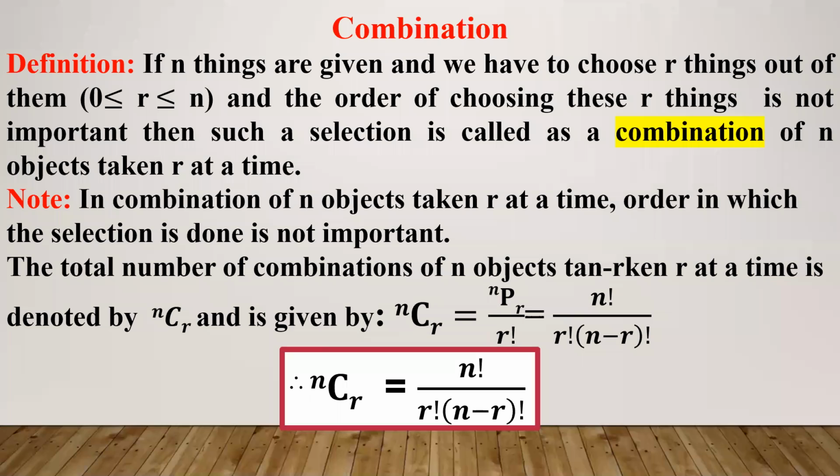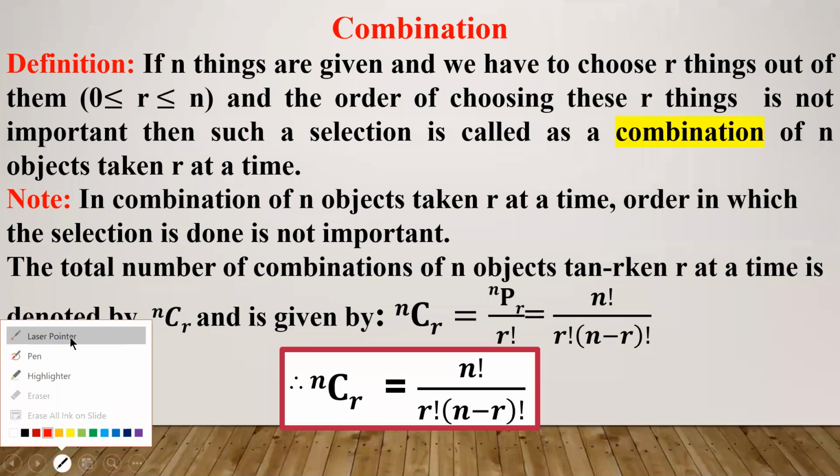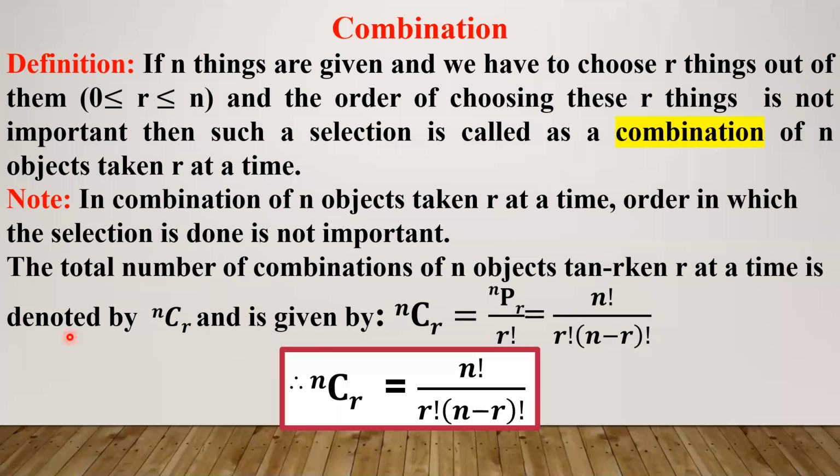The major difference between permutation and combination is, in permutation we arrange the things, so order is important. In combination we don't have to arrange, we only have to select and form a group. So order is not important. So note, in combination of n objects taken r at a time, the order in which the selection is done is not important. Such a question can come in objective type.